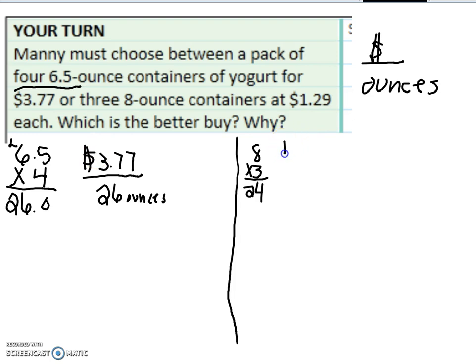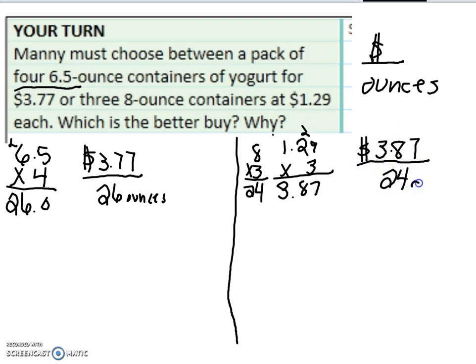So $1.29 times 3. 3 times 9 is 27. 3 times 2 is 6, plus 2 is 8. Then 3 times 1 is 3. So when I set this one up, it needs to be 387 divided by 24 ounces. And at this point, I'm just going to type them out to see which one's the better buy.